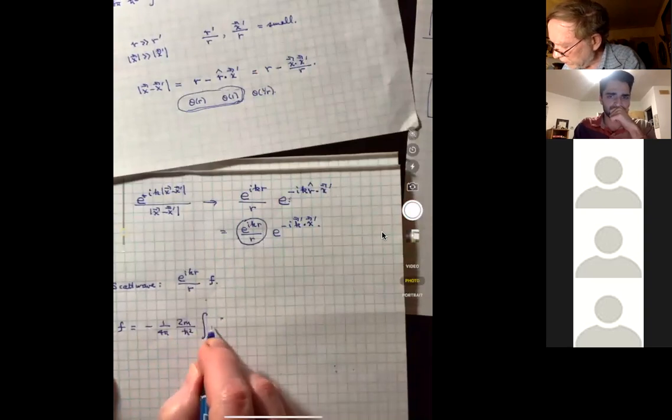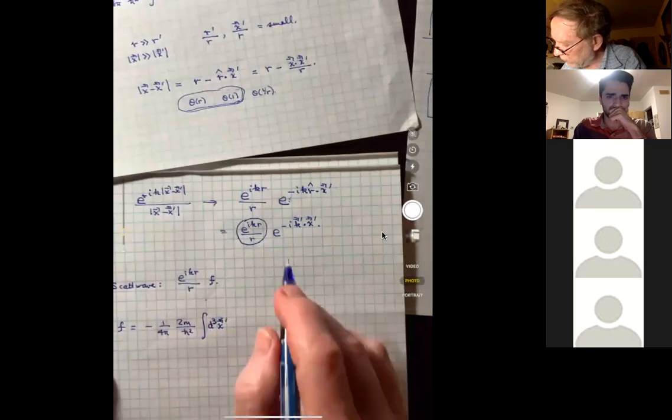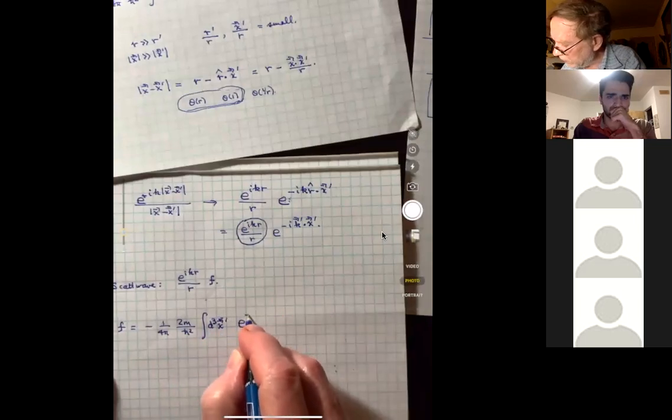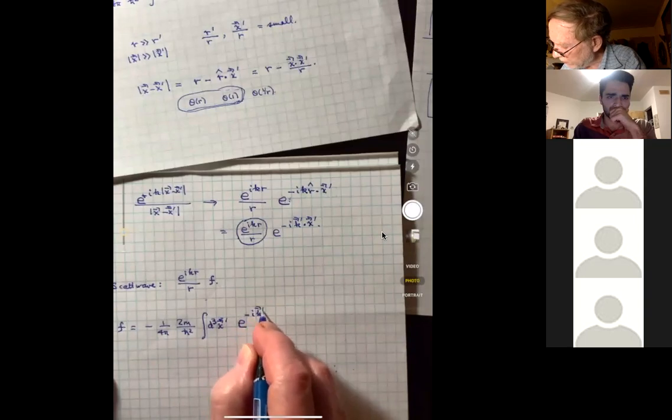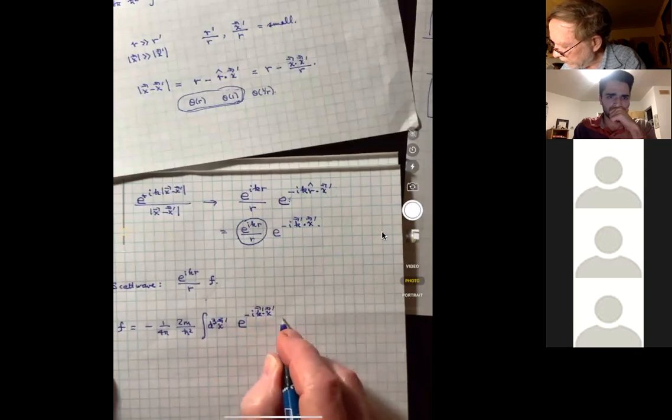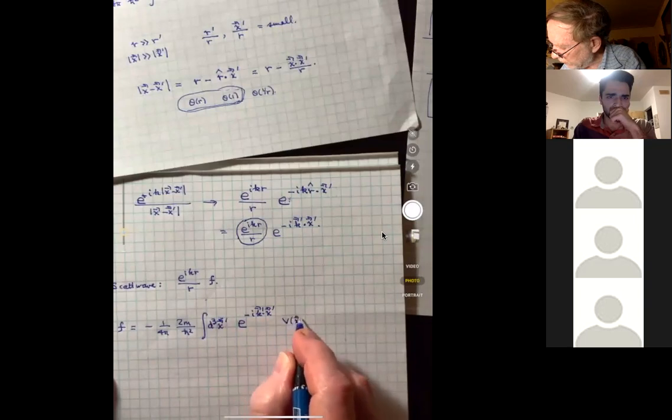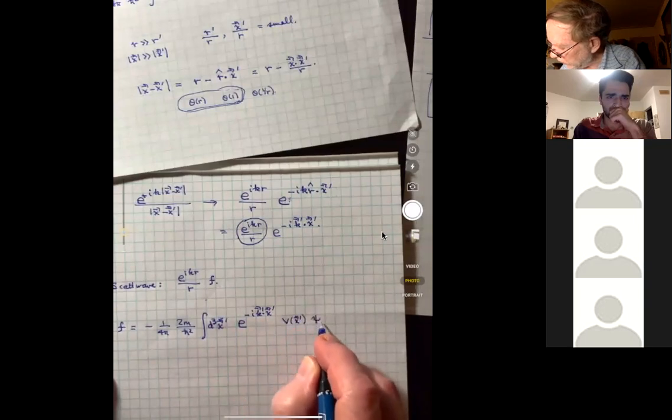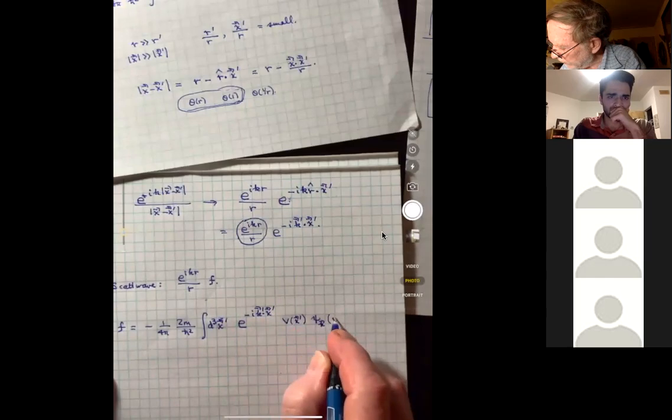Then we have the integral d cubed x prime. Then we have what's left of the Green's function, e to the minus i k prime dotted into x prime. Then we have the potential V evaluated at x prime, and then we've got the wave function psi sub k evaluated at x prime.